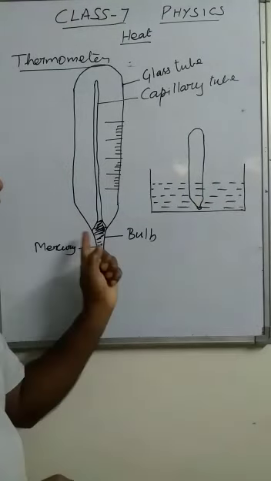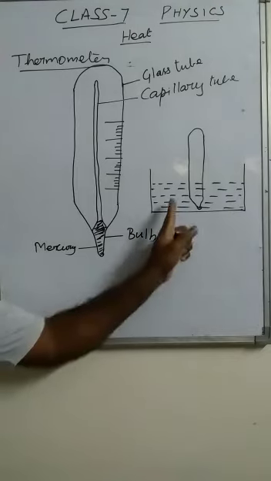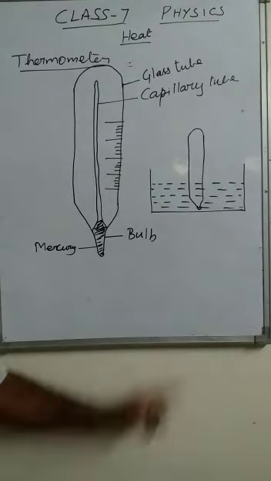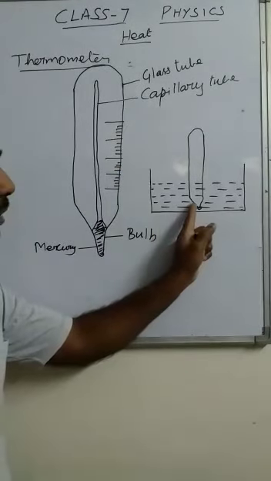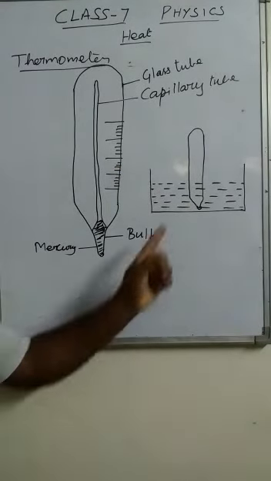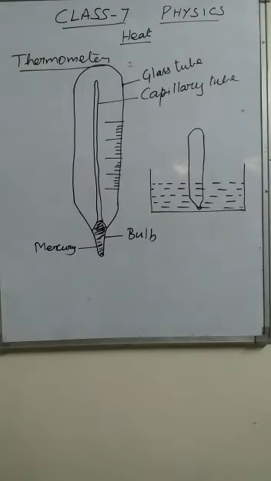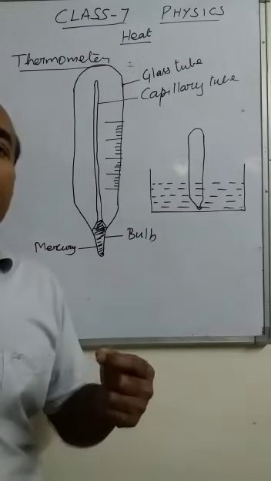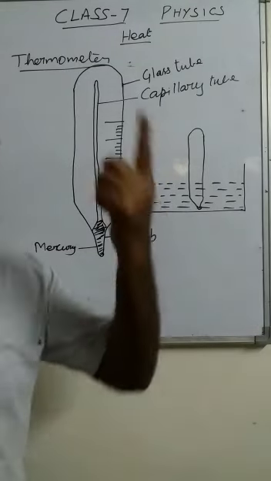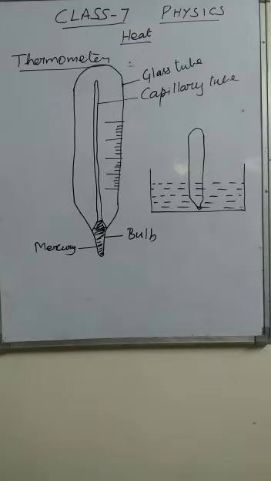As we immerse the bulb completely into the water, what happens? It is hot water. Due to this hot water, the temperature of glass increases, and hence the temperature of mercury also increases. Due to the increase in temperature of mercury, the mercury starts to expand. This is the basic property of everything.